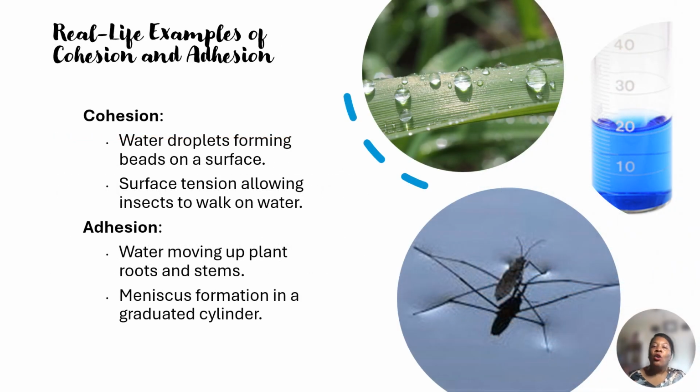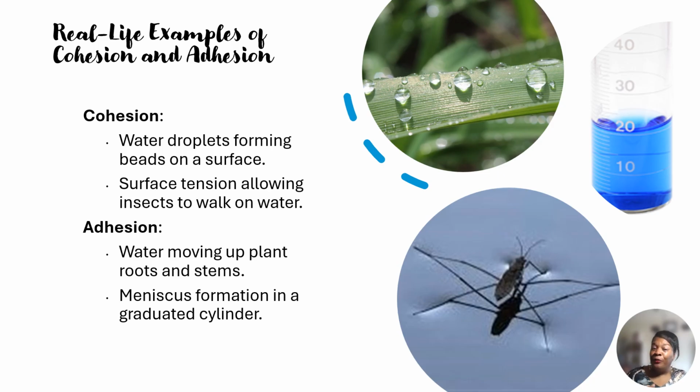Again, if we think about cohesion, that results in high surface tension. Some real life examples of cohesion: think about water droplets that form beads on a surface, or surface tension allowing insects to walk on water. Adhesion is responsible for capillary action.